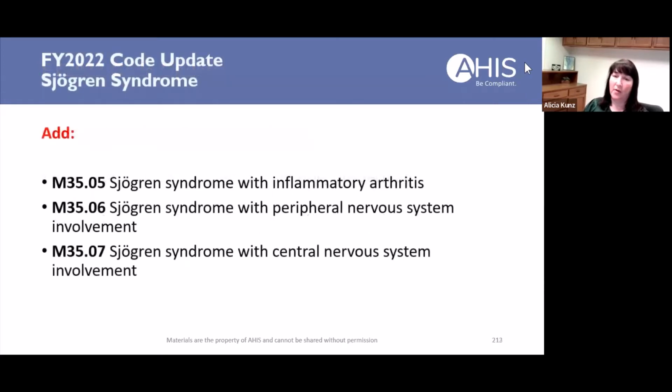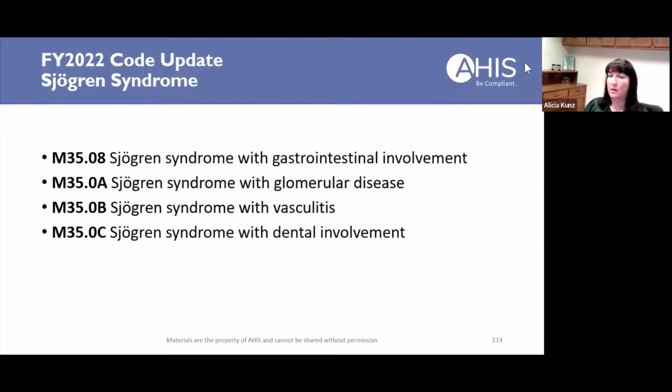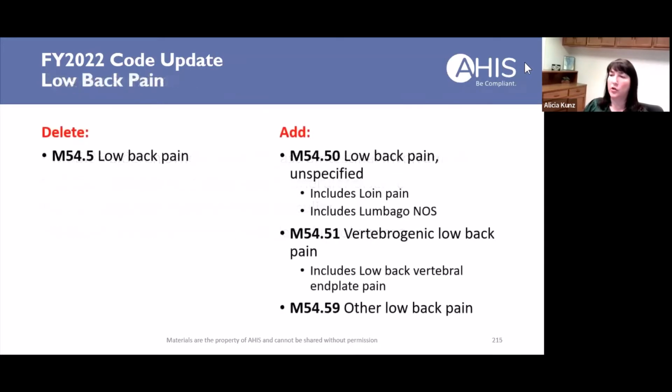So you can see they've all been changed. And these are all the different body systems affected. So inflammatory arthritis with peripheral nervous system involvement, central nervous system involvement, and so on and so forth. And you can see they've all just changed from Sicca syndrome to Sjogren syndrome. I think they do that sometimes when maybe an old fashioned term just falls out and they're going with a more current terminology.